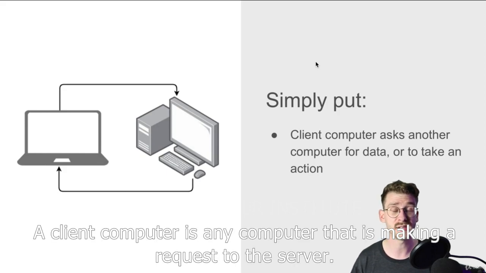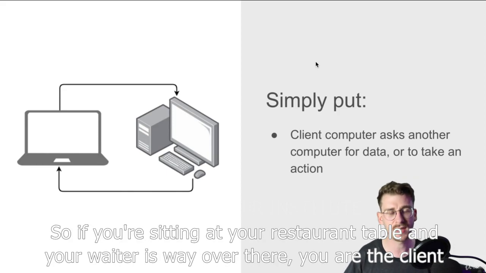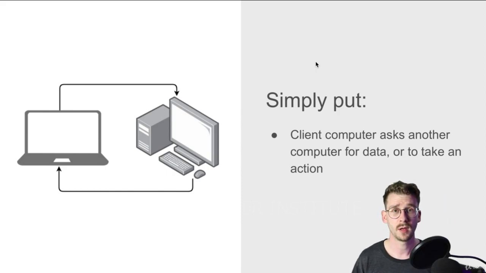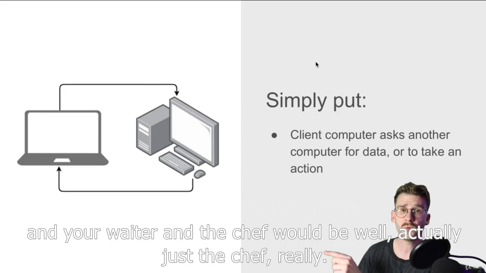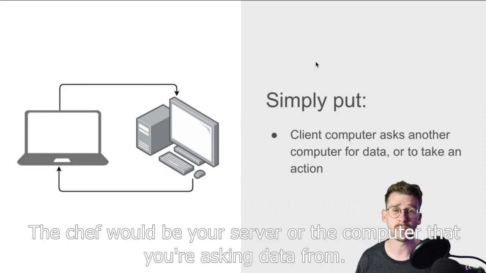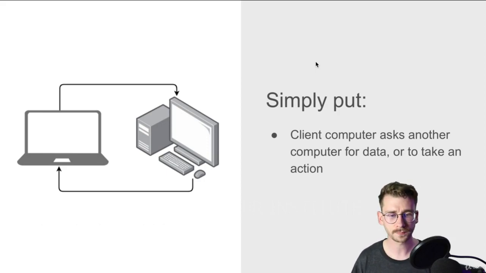A client computer is any computer that is making a request to the server. So if you're sitting at your restaurant table and your waiter is way over there, you are the client and your waiter and the chef would be, well, actually just the chef really. The chef would be your server or the computer that you're asking data from.